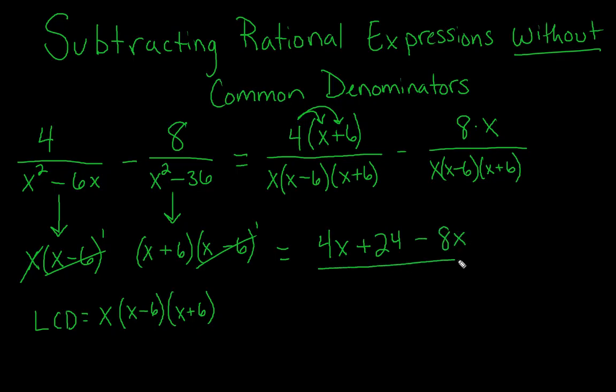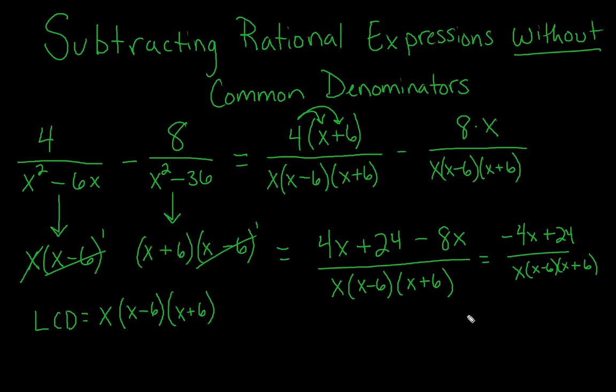And of course, our denominator is going to stay as the LCD of x times x minus 6 times x plus 6. From here, we can combine like terms. So we have 4x minus 8x gives us negative 4x plus 24 over x times x minus 6 times x plus 6. A lot going on here.